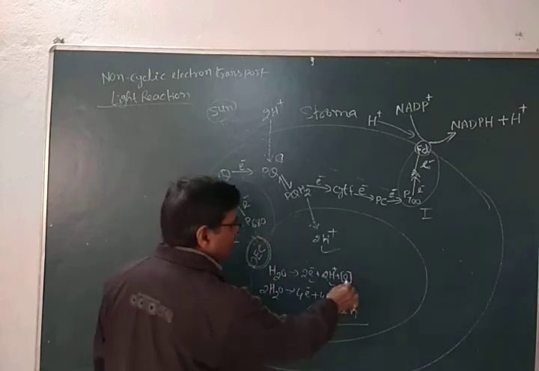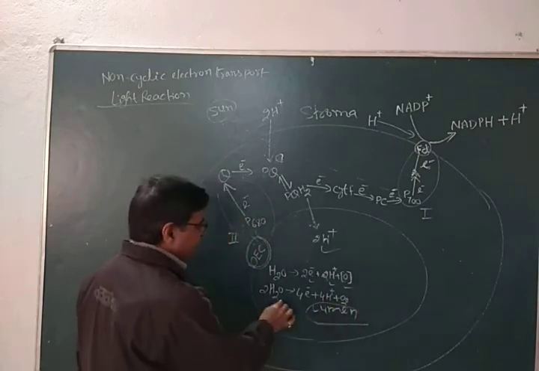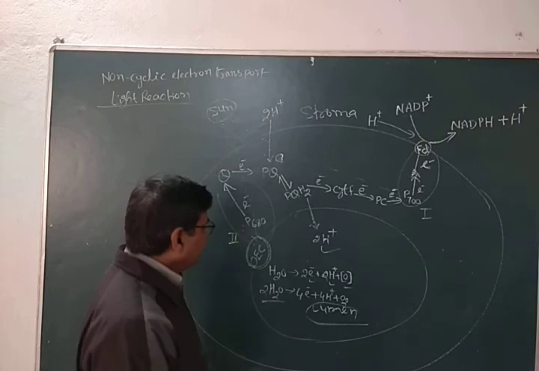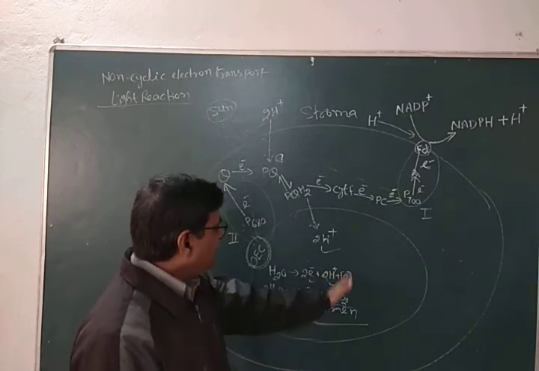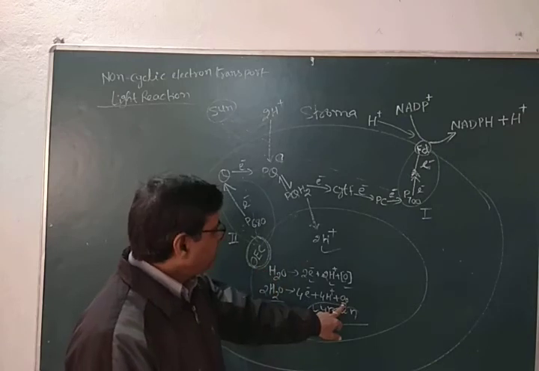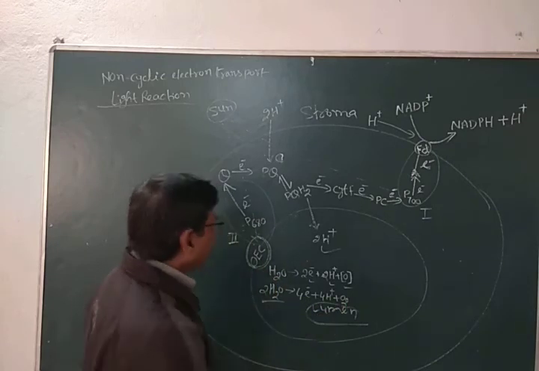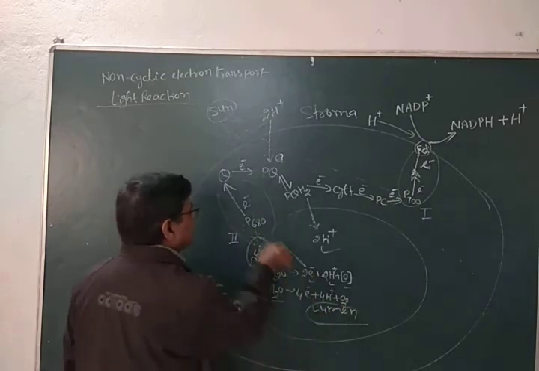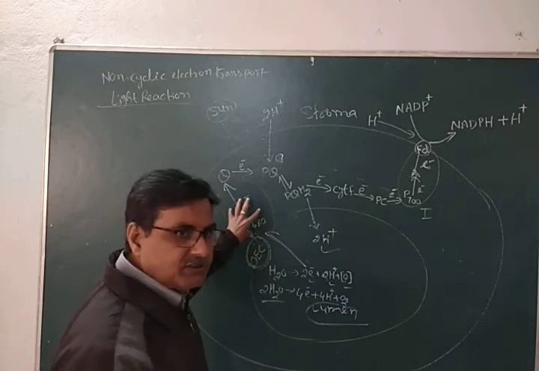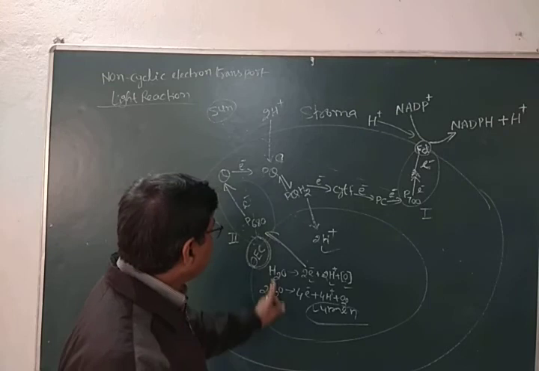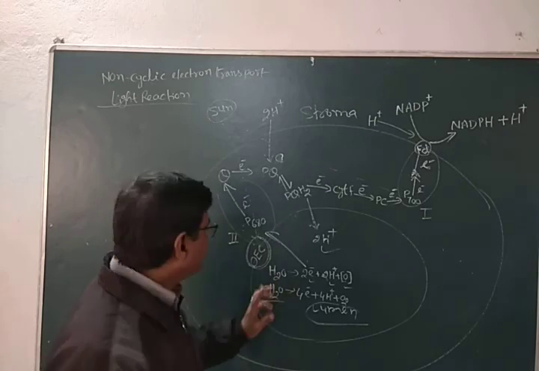To form one molecule of oxygen there should be the splitting of two molecules of water. It forms the electron, the hydrogen protons, and the oxygen molecule. The oxygen molecule goes outside, and this electron goes to photosystem 2, meaning photosystem 2 gets electron from the splitting of the water molecule.